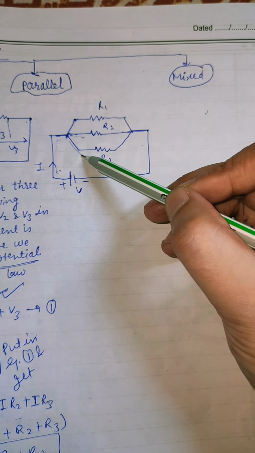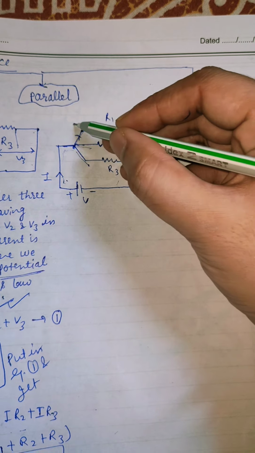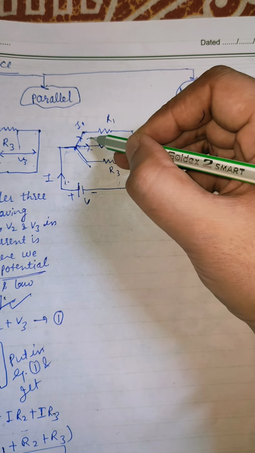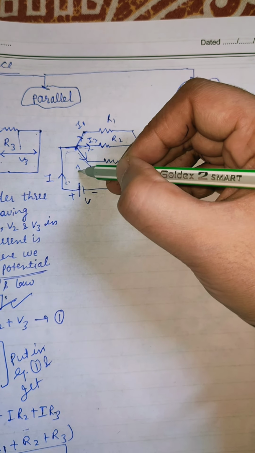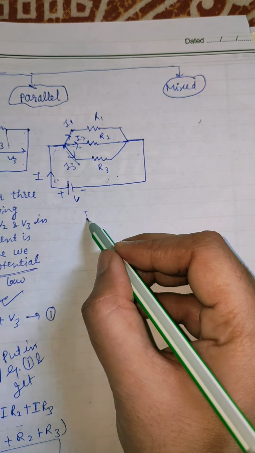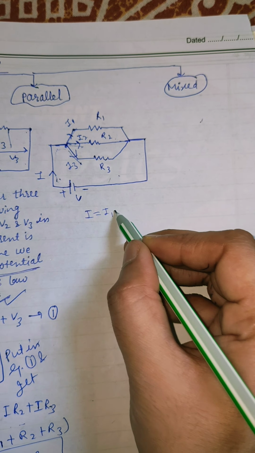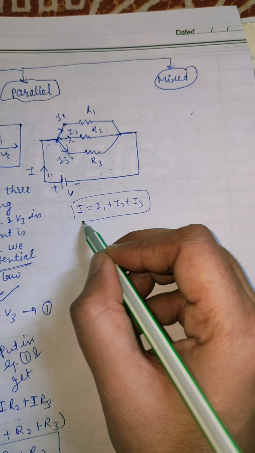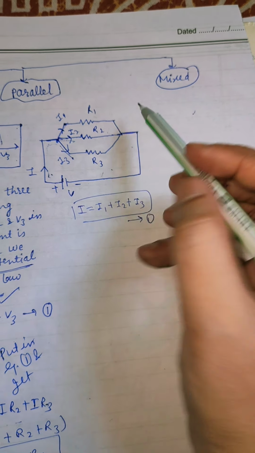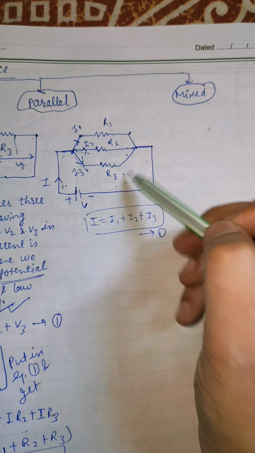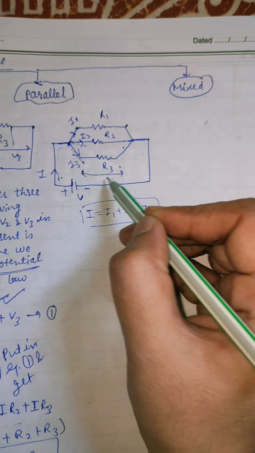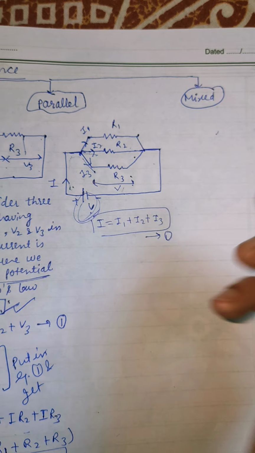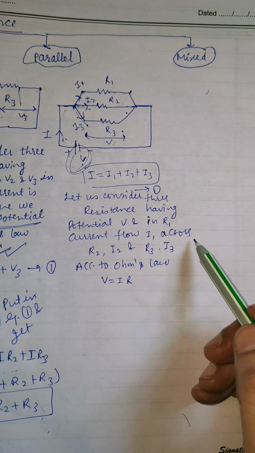Here we take I1, here I2 and here I3. So the total current equals the sum of I1 plus I2 plus I3. The potential across R1, R2, R3 is V. This is the consideration for this.